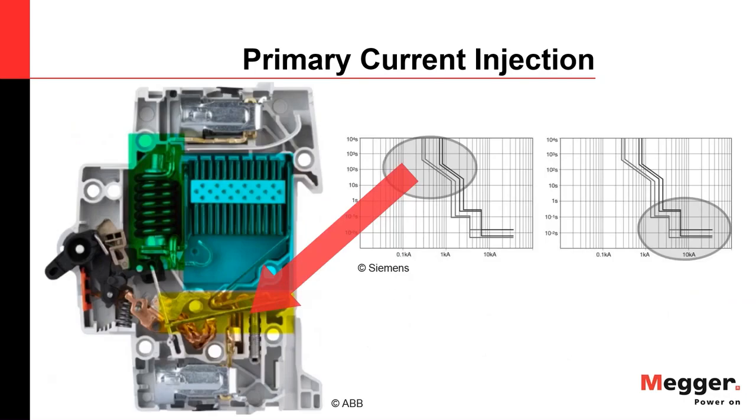Now again, I pulled this image from the molded case circuit breaker that was cut in half here, and you can see what section of the curve is taken care of physically in the circuit breaker.